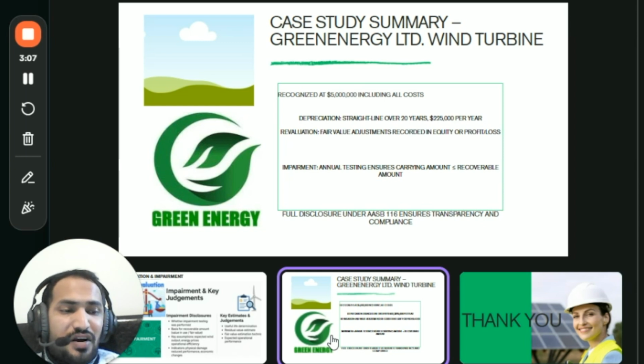Finally, AASB 116 requires full disclosures of measurement basis, depreciation policies, revaluations, impairments, and movements in carrying amount. These disclosures promote reliability, transparency, and compliance with accounting standards. Overall, these requirements help ensure Green Energy Limited presents accurate and reliable financial information to its stakeholders. Thank you.